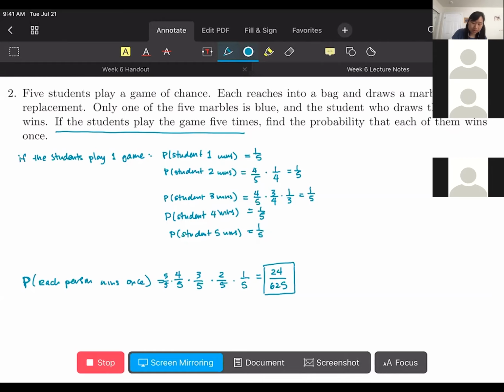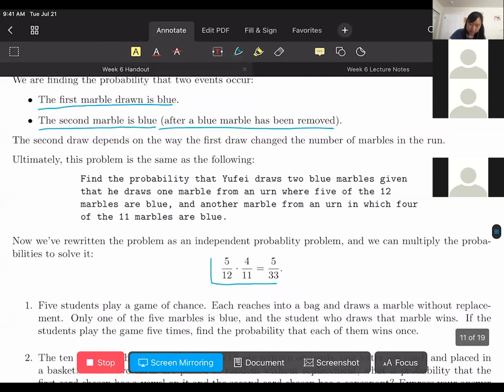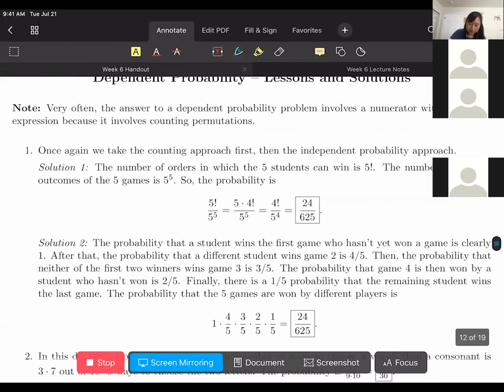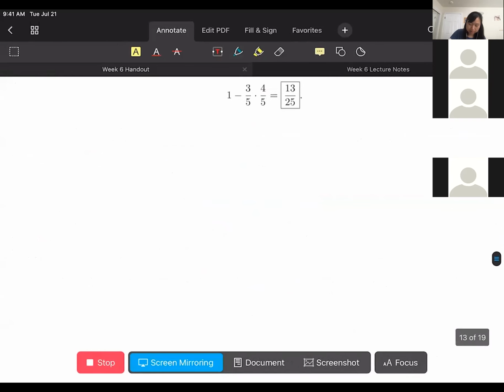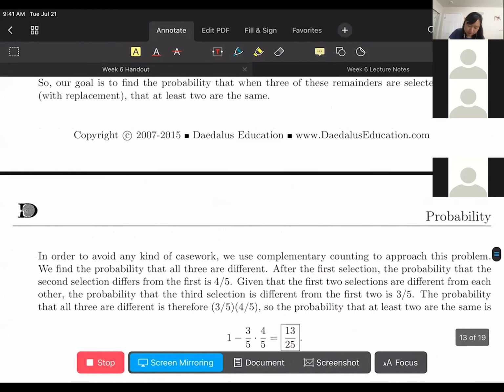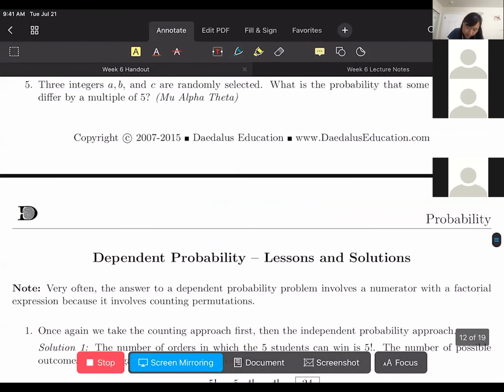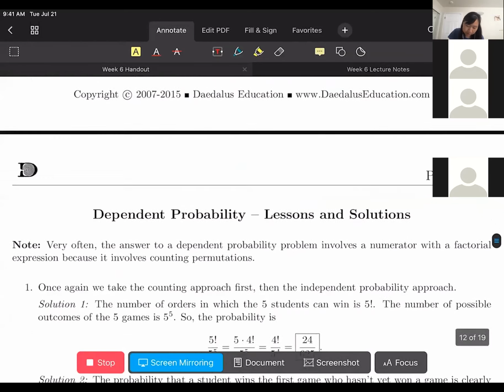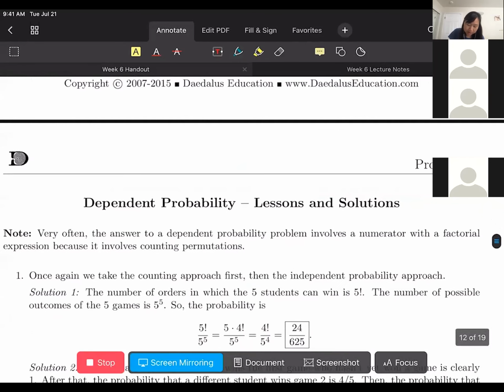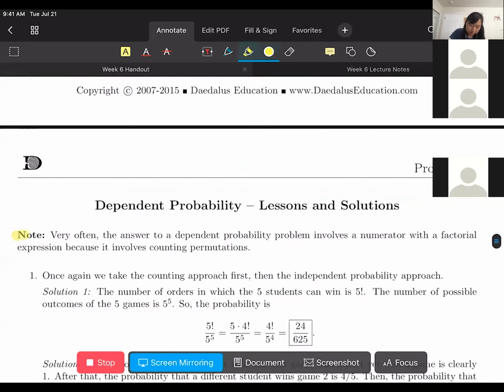And so going back to this handout, we did a couple of examples, but one to highlight. Oh, here we go. Yeah, I want to highlight this. Very often the answer to a dependent probability problem has a numerator with a factorial expression, because it involves counting permutations.